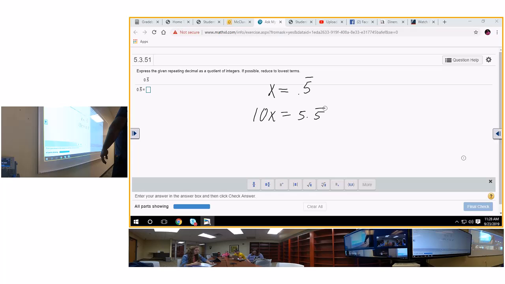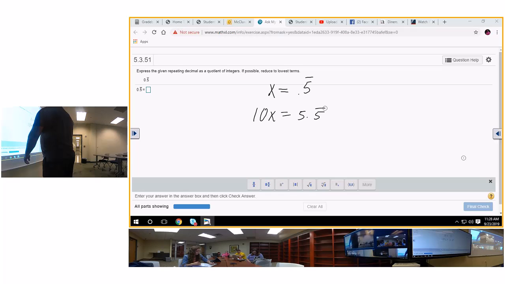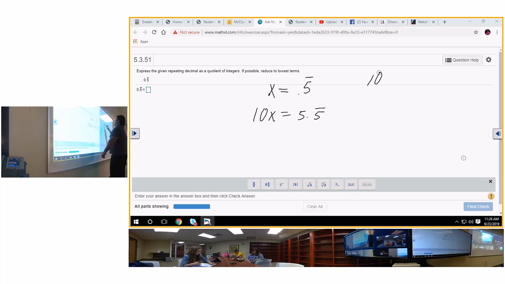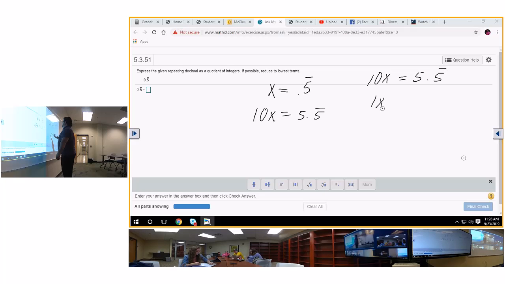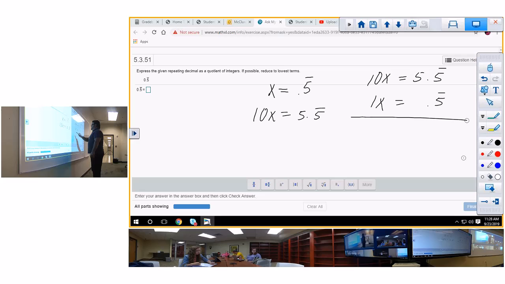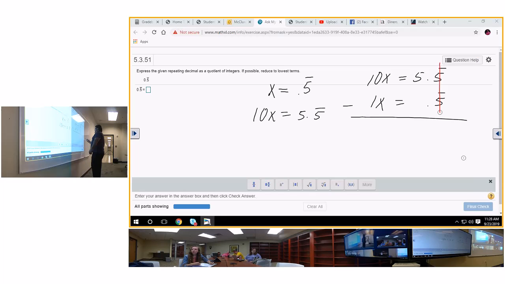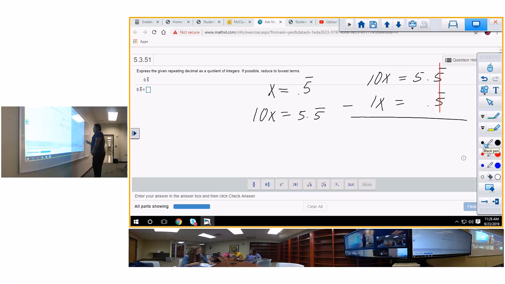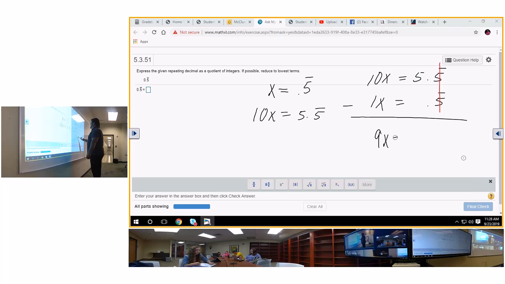Now I'm going to subtract them. 10x is equal to 5.5 repeating, and 1x is equal to 0.5 repeating. If I subtract those two, the 0.5 repeating is going to cancel, and I'm left with 9x is equal to 5, and x is equal to 5 over what?